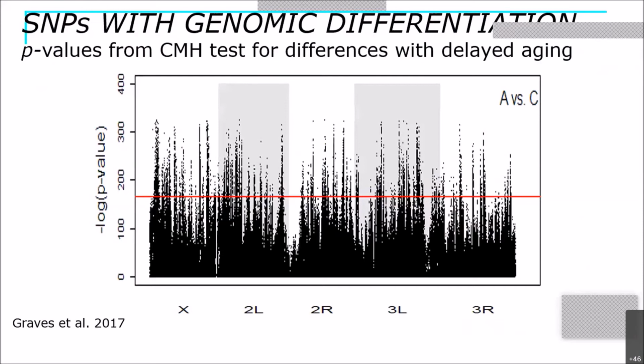That's the red line, which nonetheless gave us, of course, thousands of SNPs that are statistically differentiated. And that's from 10 A populations with fast aging compared to 10 C populations with slow aging.